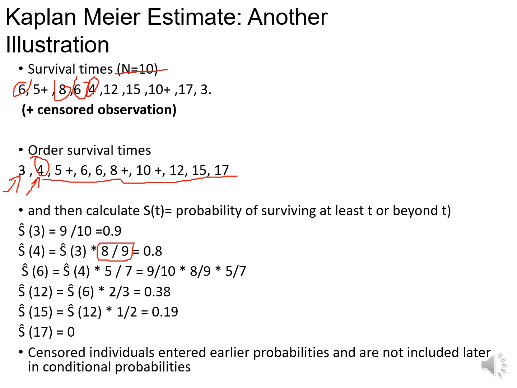To get the proportion that survived at 4 and beyond, provided they have survived 3, it is 0.9 times 8/9, and so on and so forth. So the censored individuals are entered in earlier probabilities and are not included in later conditional probabilities.